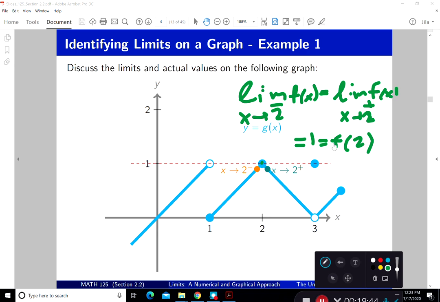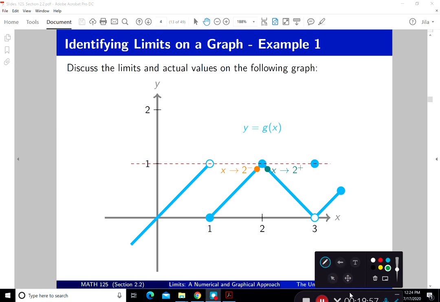So this is the case for this part of the function. The prediction from the left and the prediction from the right match the value of the function.